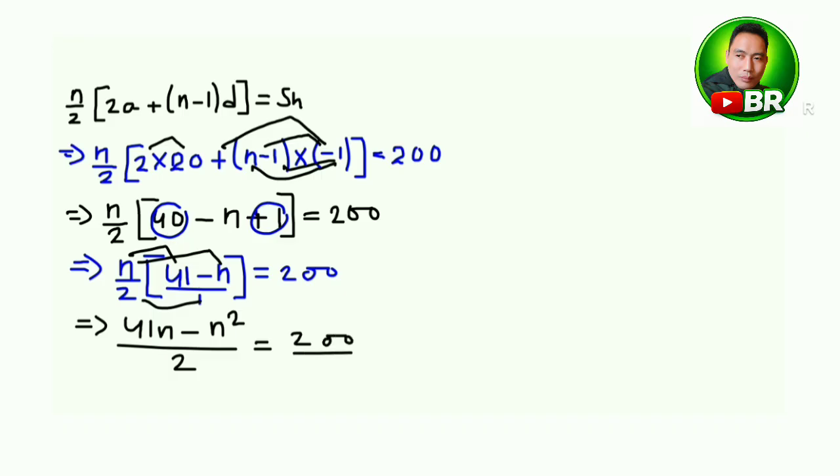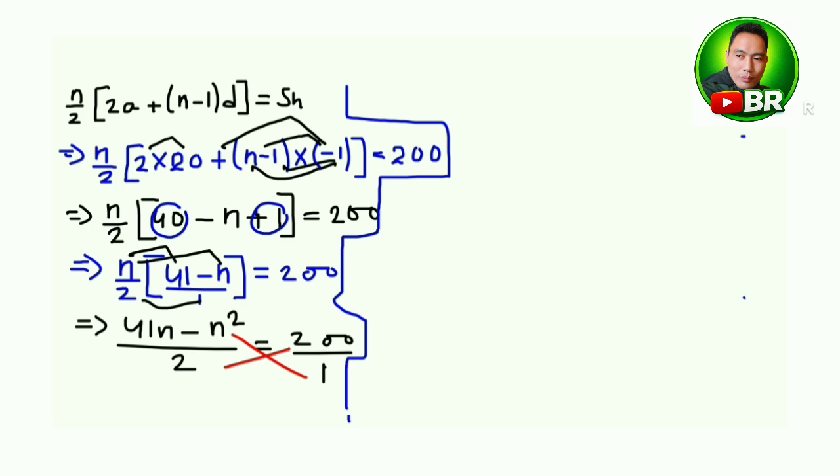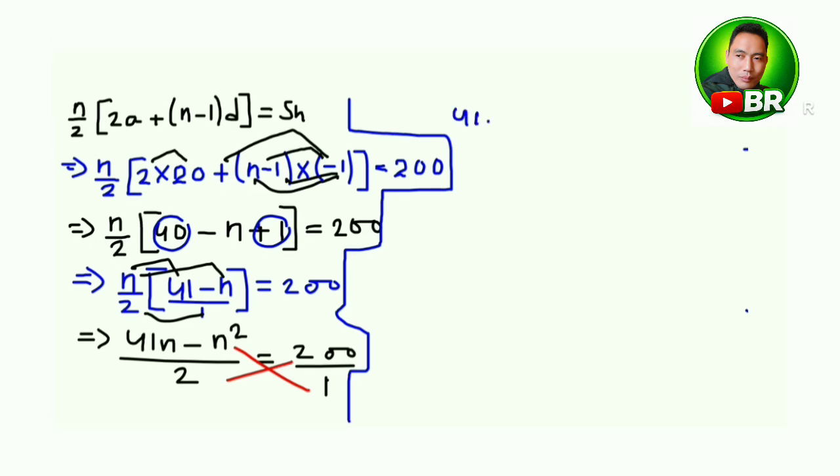After cross multiplication we obtain 41n minus n square equal to 200 into 2, that is 400.